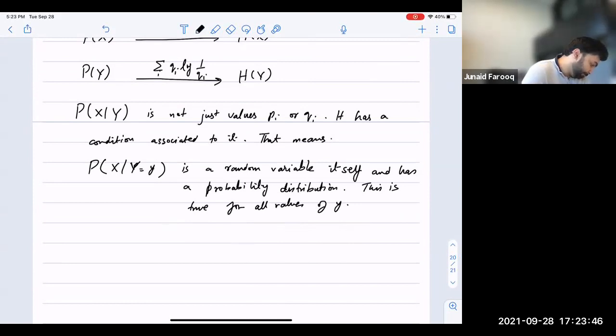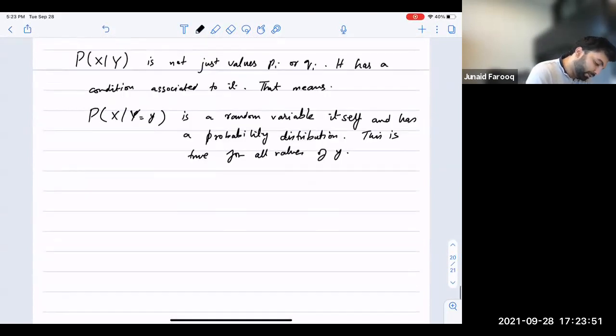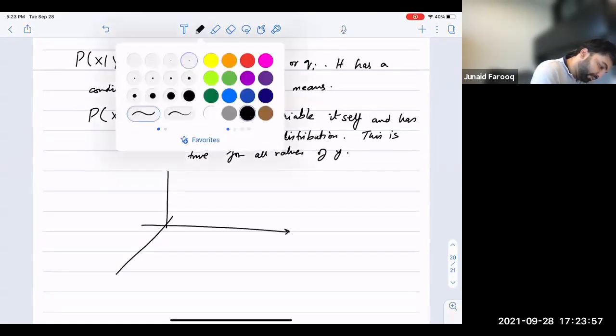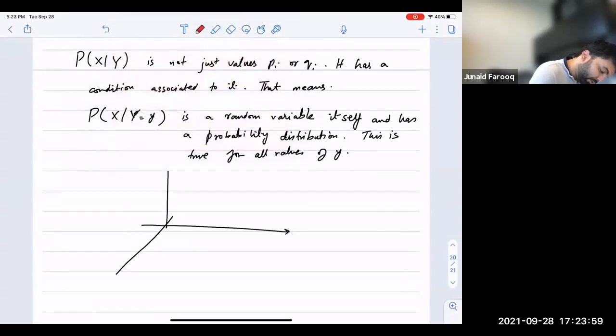Now, I wish I could draw a figure. Let's say you have a 2D density function.